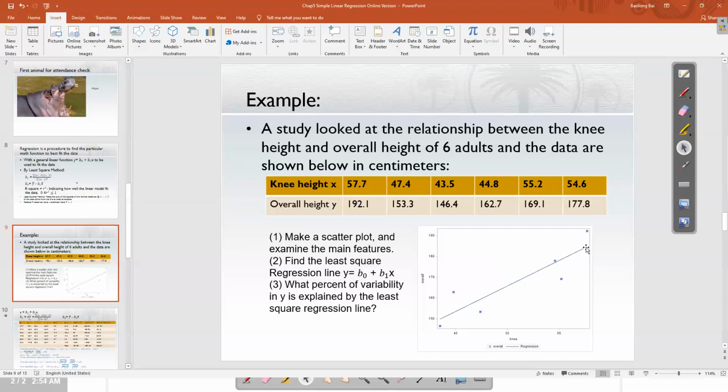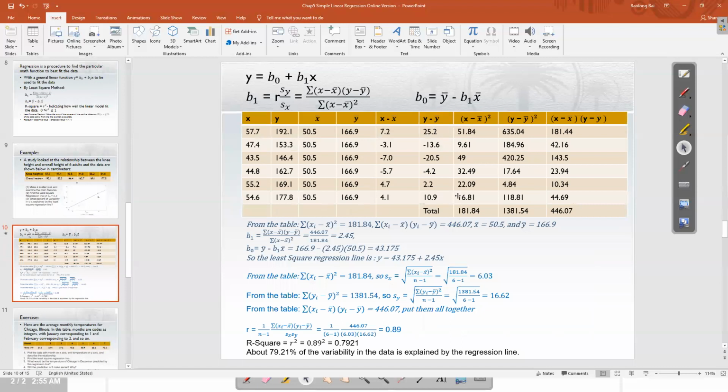And there don't seem to be outliers, so there are no extreme points. All the deviations are comparable. Then find the least square regression equation, y equal to B0 plus B1 times X. We need to find the regression slope and intercept from the data set. So we can make a similar worksheet to what we did earlier.